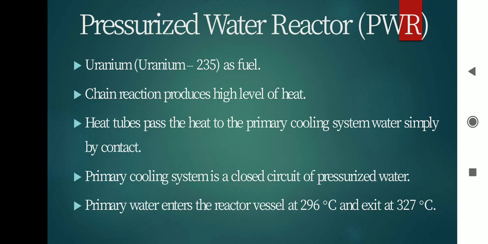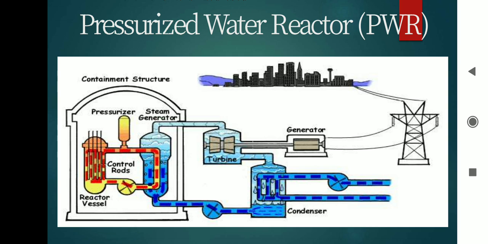Next, I want to show you the diagram. See, these are the control rods, and the fuel used is uranium 235. Here we have a separate chamber for the steam generator. The coolant is pressurized before going to the steam generator.